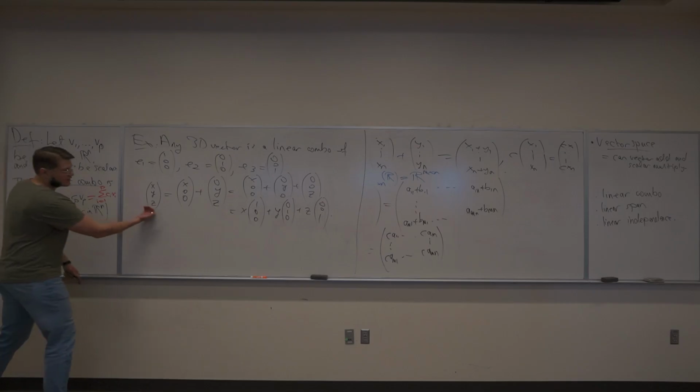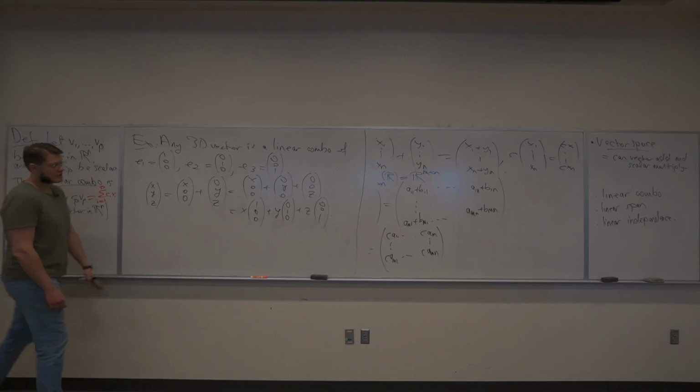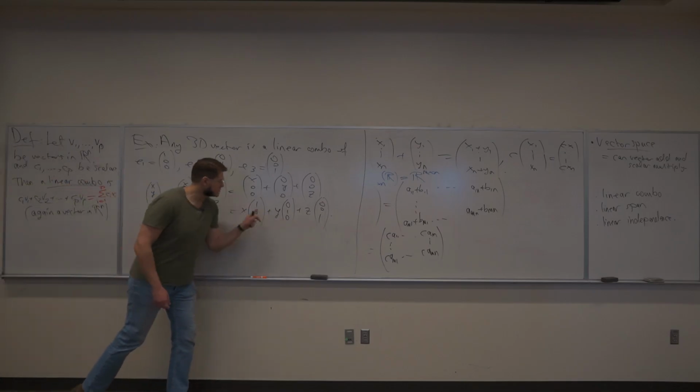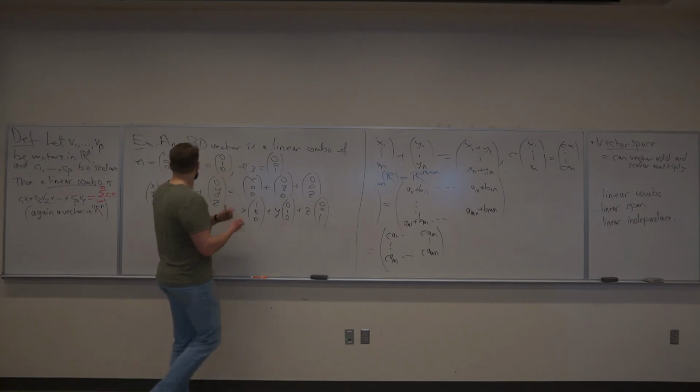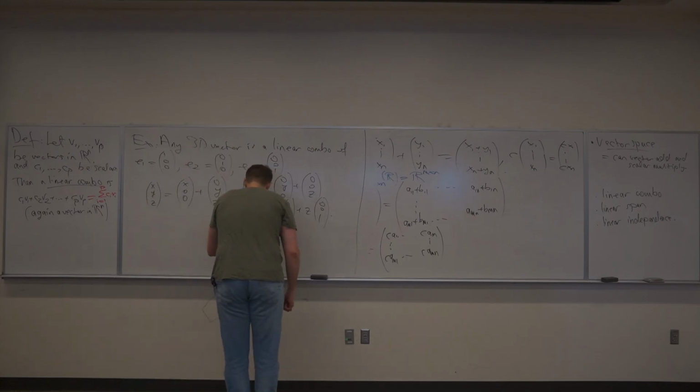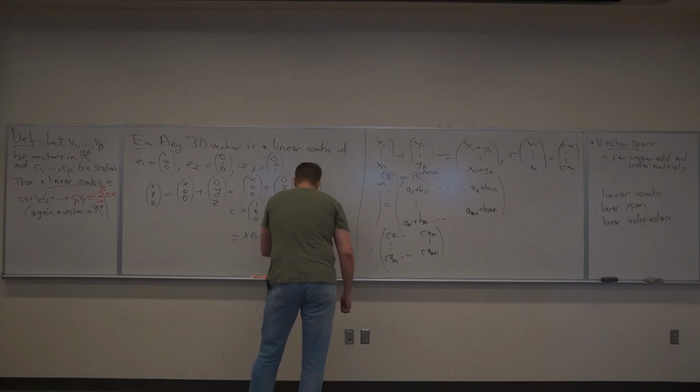I was able to write an arbitrary vector in 3 dimensions as a linear combination of the standard directions. So if you want, I can write it like so: x E1 plus y E2 plus z E3.